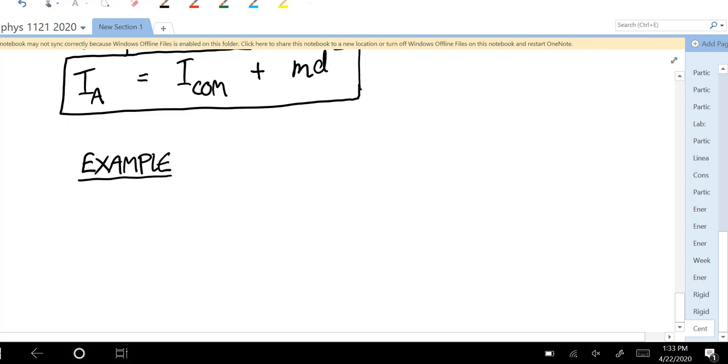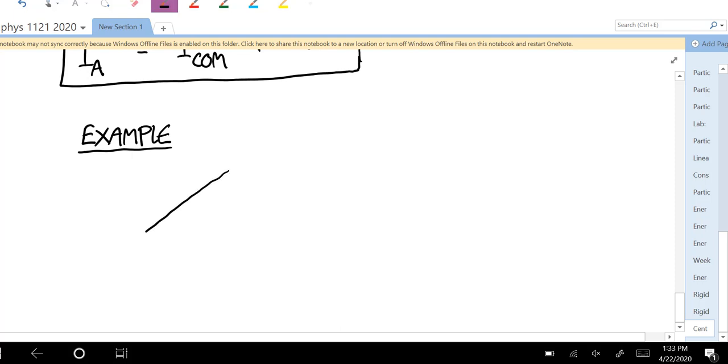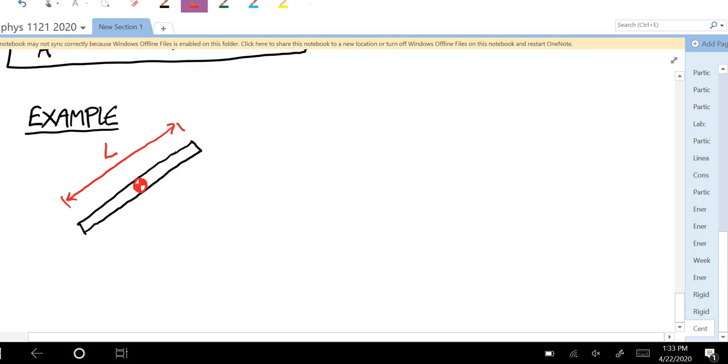Okay, so here's an example. It's a slender rod, and the center of mass is here. Let's say it has a length L. But let's say that we want to calculate the mass moment of inertia about A. So what's I sub A?